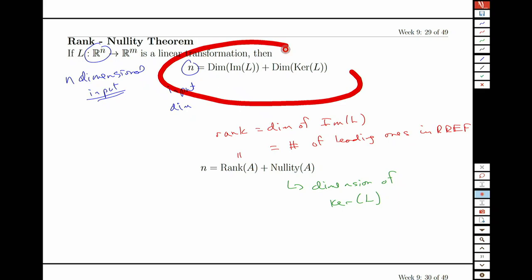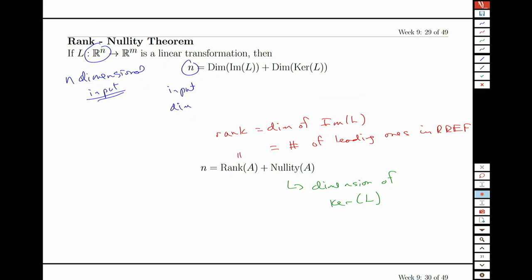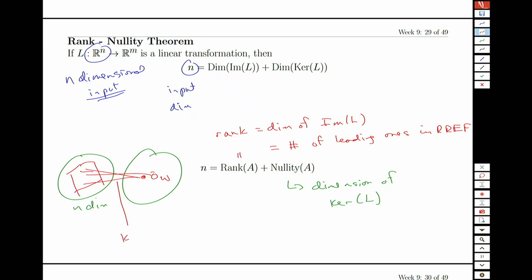It leads us to this theorem that tells us if we have any kind of transform with n dimensions to start with, let's say we have a plane that gets squished down to the 0 vector in our output space. That's going to be one thing that happens. So the kernel is going to have a dimensionality. That's the kernel of L. And then, of course, the rest of the space gets mapped to somewhere else.